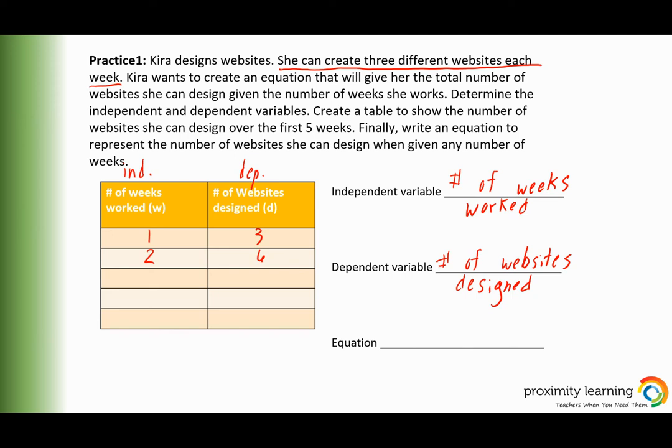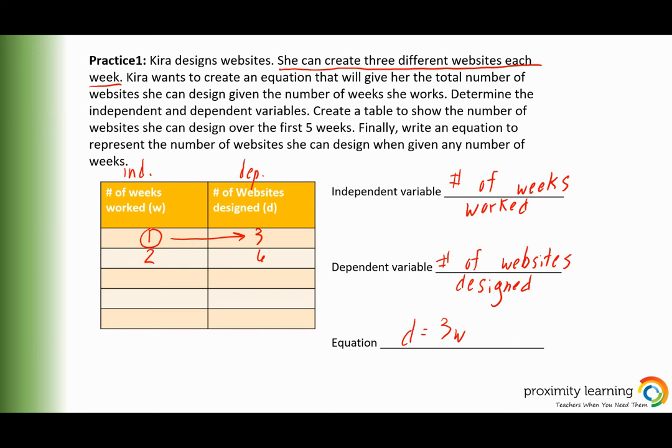One thing that I'm seeing is that for the first week, she made 3 websites. So if we keep up that same pattern, she's going to be able to design 3 websites for every week she works. So it's going to be number of websites designed equals 3 every week.